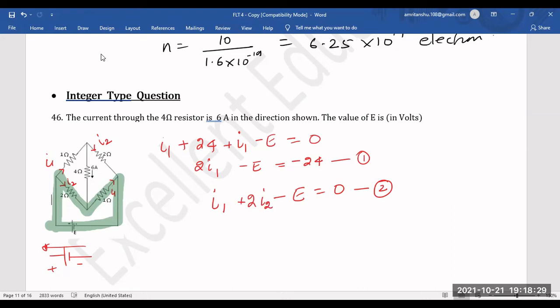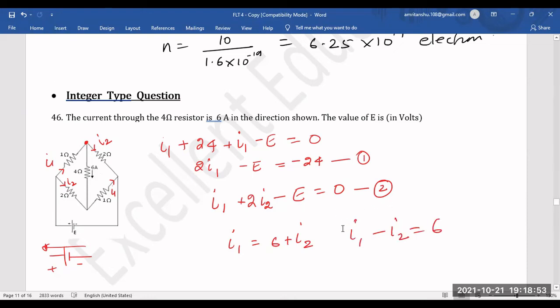Then this is my second equation, and you can also see it from here that if we take the equation at this node, we see that I1 is equal to 6 plus I2, or I1 minus I2 is 6. So let us put this equation also over here. I1 minus I2 is equal to 6, equation number 3.